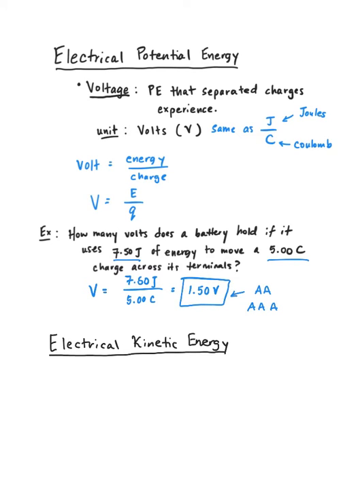When we discussed kinetic energy from the perspective of motion, kinetic energy was expended energy, energy of something that's moving. In an analogous way, electrical kinetic energy is associated with motion. And we refer to the motion of electrical kinetics through the term current.